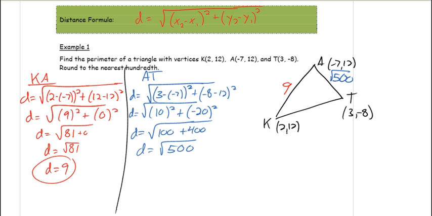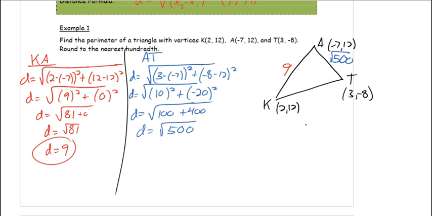And the last one we need to find is TK. So let's see if I can fit it in here. We have D equals the square root of 2 minus 3 squared plus 12 minus negative 8 squared. Okay, again, 2 minus 3, then 12 minus negative 8. Stay consistent.